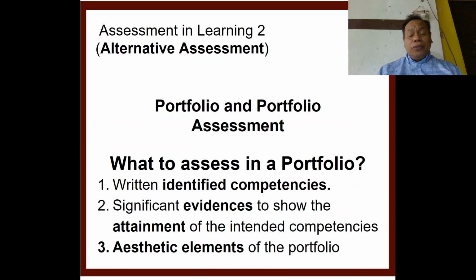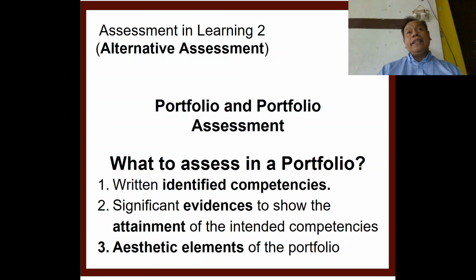And what to assess in a portfolio? Of course, first of all, there should be written identified competencies, or the real content of the topic, or what should be your learning after the subject. And then significant evidences to show the attainment of the intended competencies.